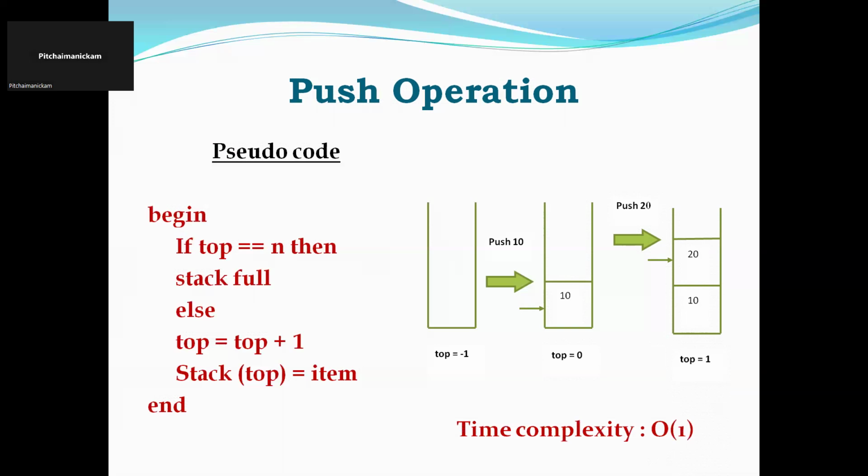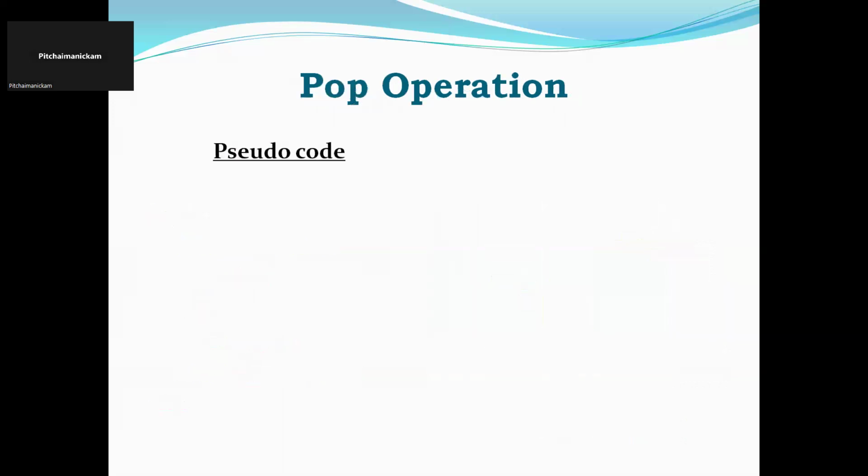If we follow this methodology, we can easily insert an element into the stack. Next important thing is the time complexity. We insert only one element in the stack by incrementing the top pointer, so the time complexity is order of one. That's all about the push operation.